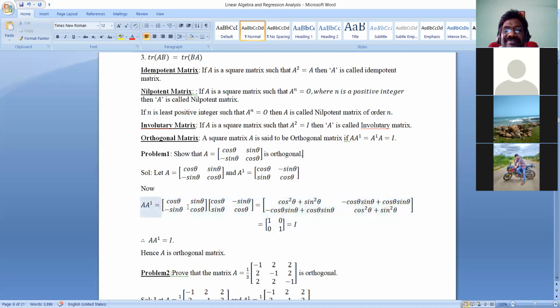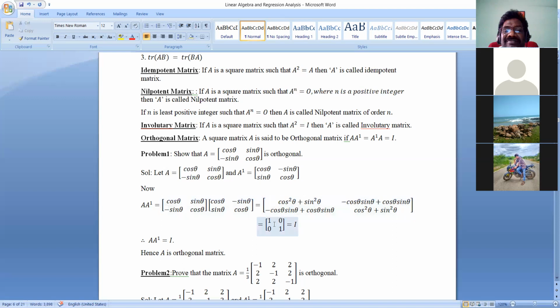So the product of these two matrices is cos square theta plus sin square theta, minus cos theta sin theta plus cos theta sin theta, minus cos theta sin theta plus cos theta sin theta, and cos square theta plus sin square theta. Here minus cos theta sin theta plus cos theta sin theta gives 0, and cos square theta plus sin square theta is 1.